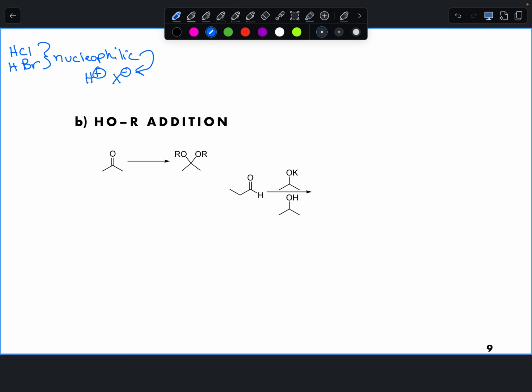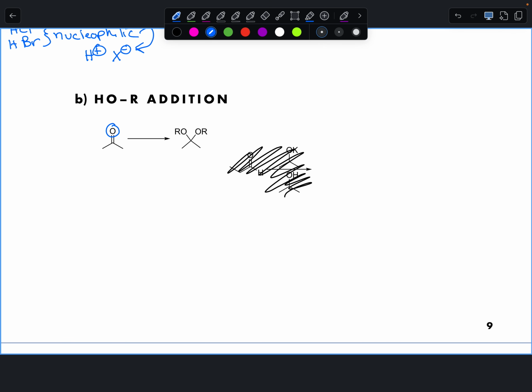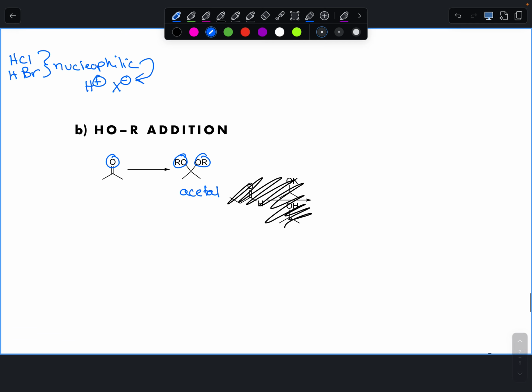All right. So under basic conditions, we cannot make the OH into a leaving group. Therefore, you have one addition. It's my shorthand for addition. So that means that the OH will still be present, and that is the oxygen that was originally from our aldehyde.